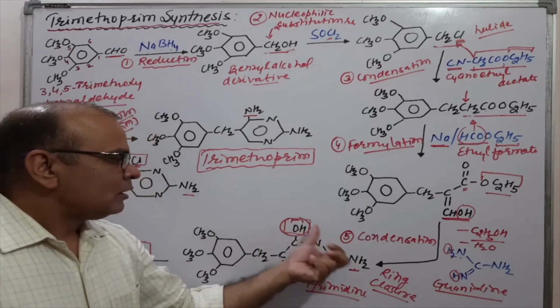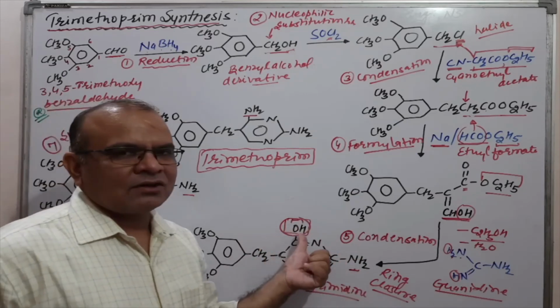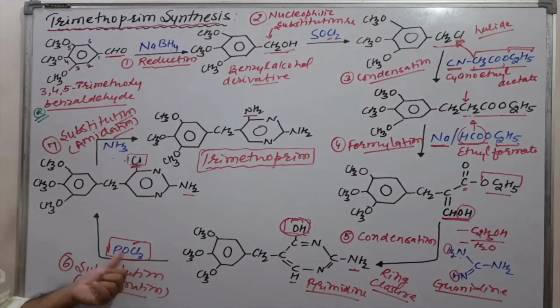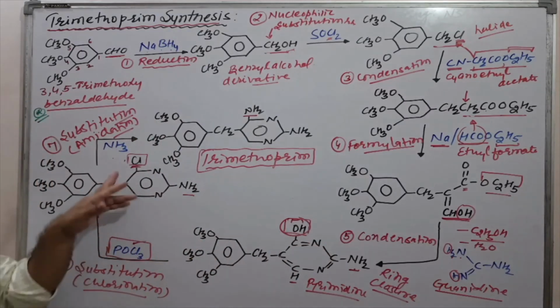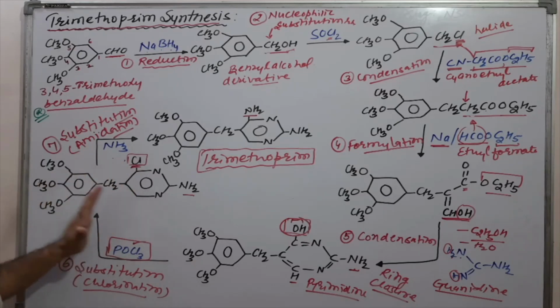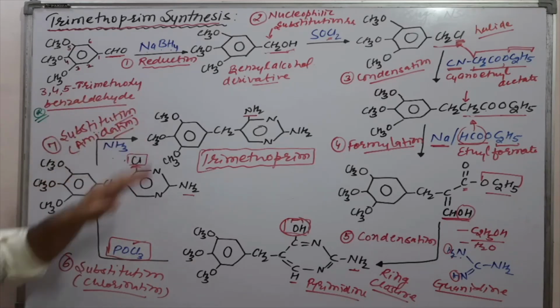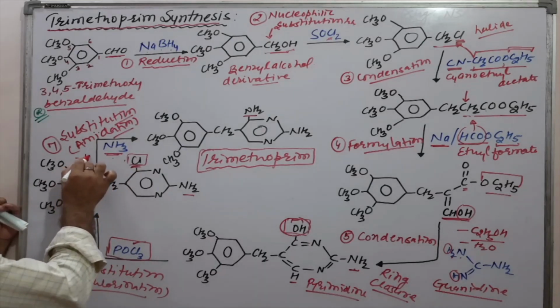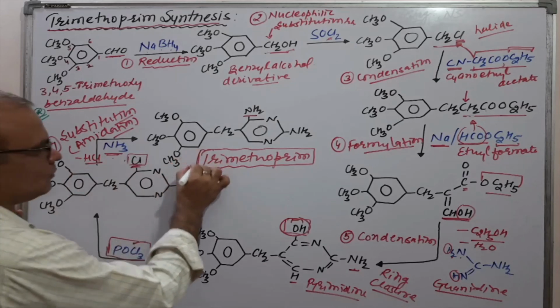That pyrimidine derivative having an OH group will be replaced by phosphorus oxychloride, that is formation of the chloride derivative, which can easily be replaced by amino by means of ammonia reaction, with removal of HCl and formation of trimethoprim.